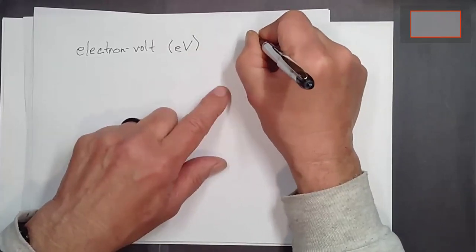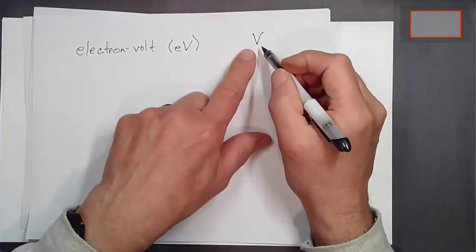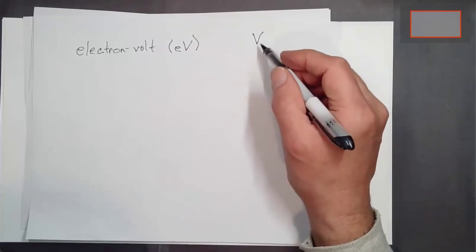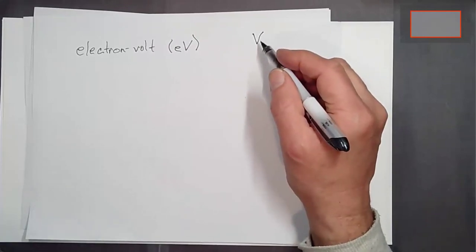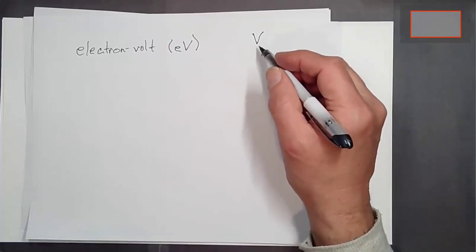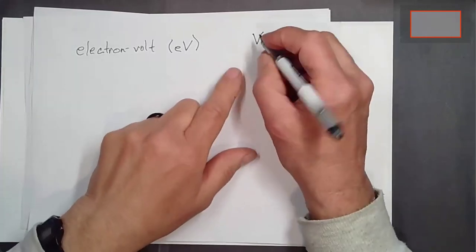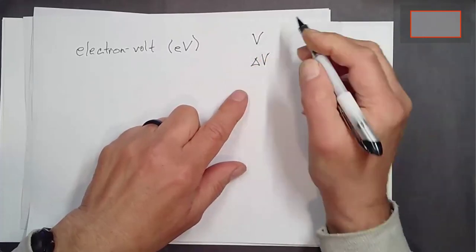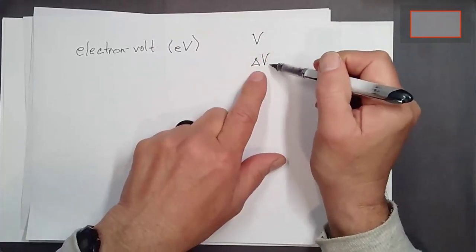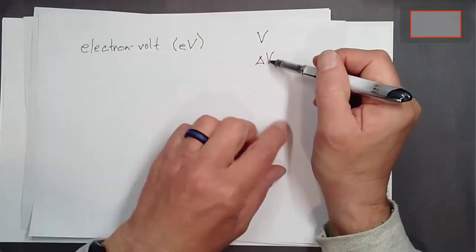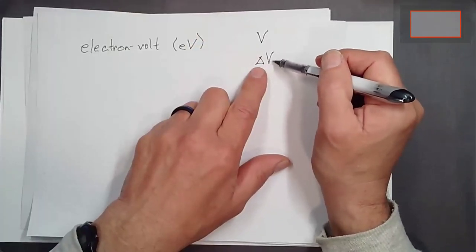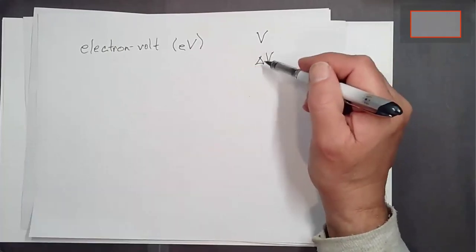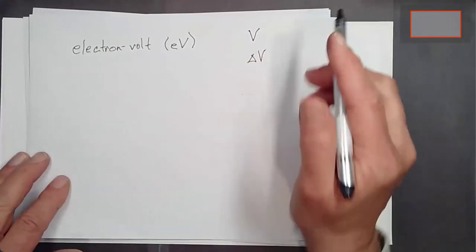So capital V would be that, but capital V is also what stands for the electric potential. So this is kind of an inconvenient thing, but you get used to it. And since so often we'll be talking about a delta V, that'll be the change in electric potential, and hopefully that's not too confusing, but it'll be the change in volts too, because the units are in that as well.